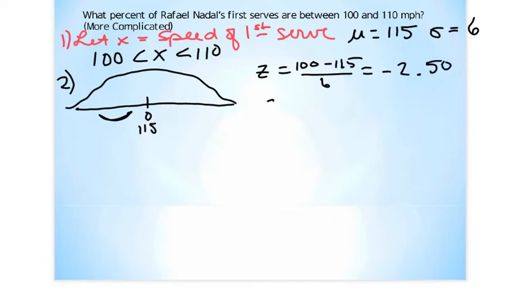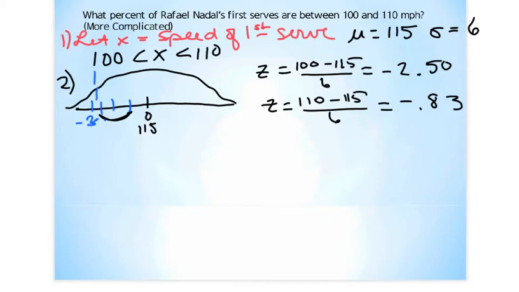And the Z-score for 110 is 110 minus 115 over 6, which is negative 0.83. So if I go back over here to my drawing, 1, 2, 3, this is negative 3 standard deviations away. I know I'm looking at an area between here. Sorry, I didn't draw that very well. And this is not quite 1. So I'm looking at this area right here.